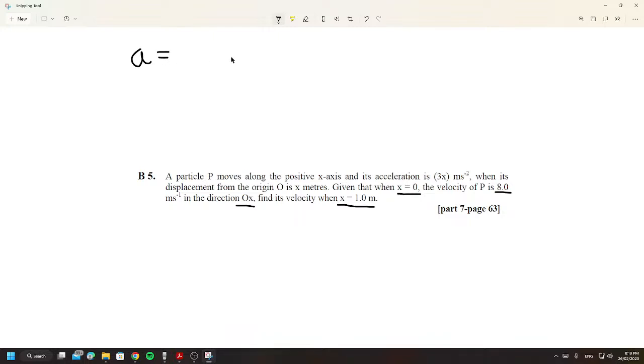So A is equal to 3x, okay? A is equal to v dv over dx. So v dv is equal to A, which in this case is 3x, dx.